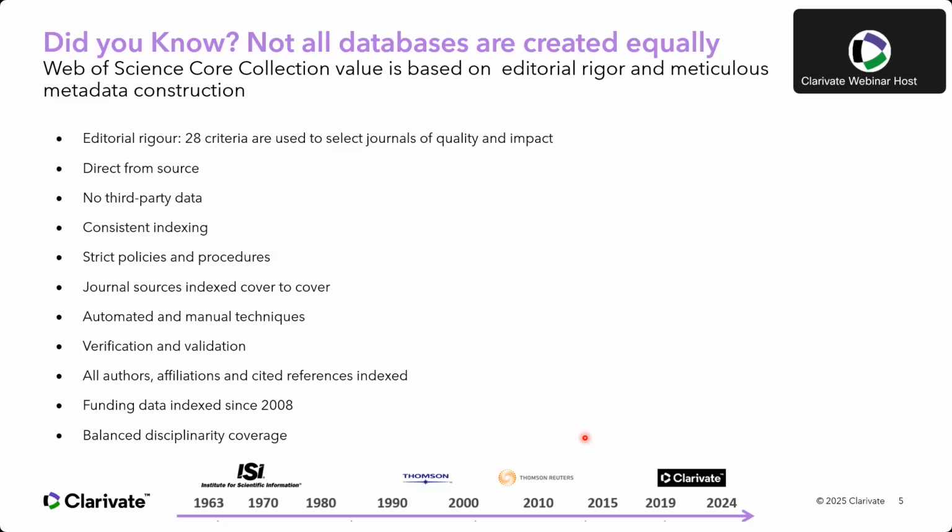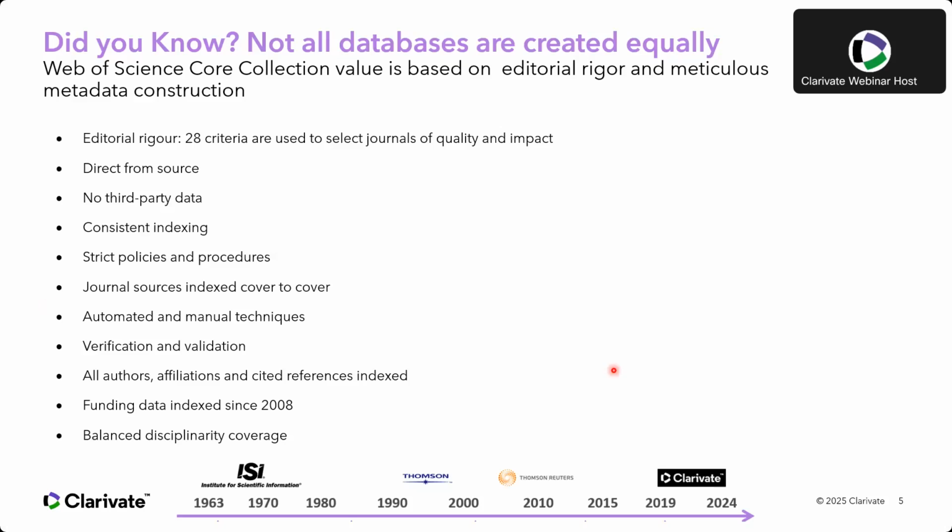When we look at Web of Science core collection, there is a list of criteria that all journals have to respect, 28 in total, 24 related to quality and 4 related to impact. We get the content directly from the sources. There's no third-party data. There's consistent indexing, strict policies and procedures.